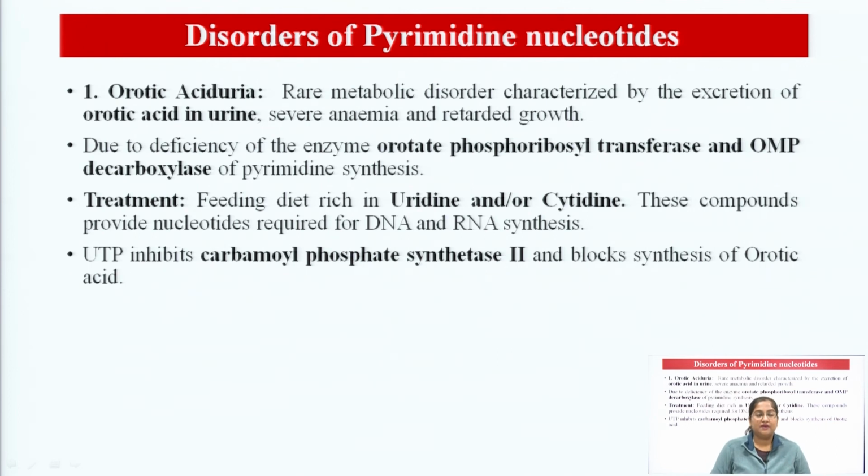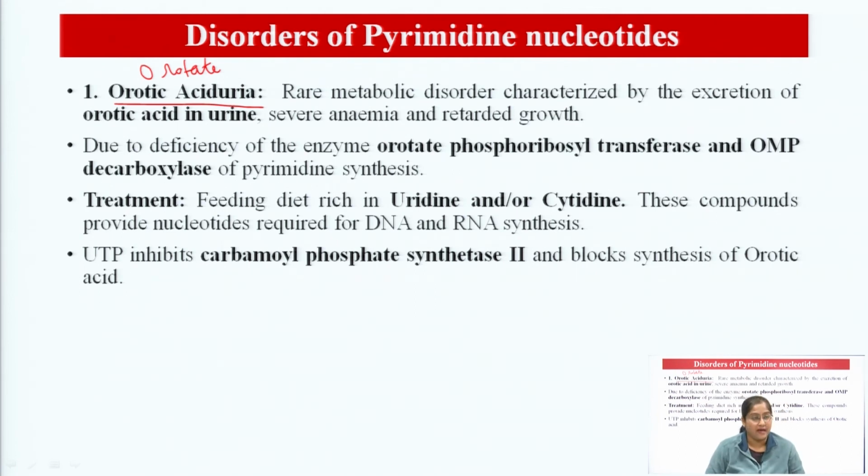When we were discussing the biosynthesis pathway of pyrimidine nucleotide, I told you about orotate. If there is a problem of feedback mechanism and overproduction and accumulation of orotate in our body, then a problem called orotic aciduria happens.